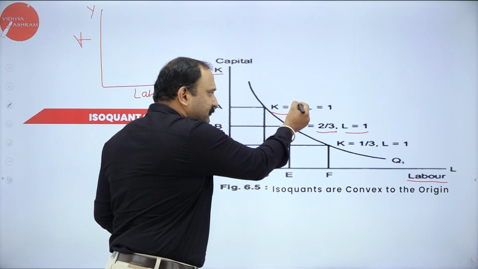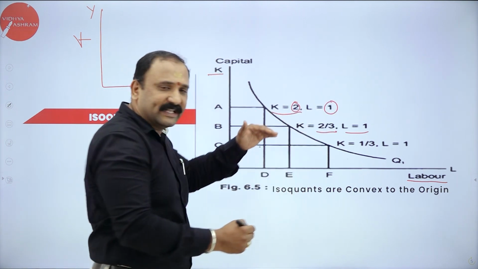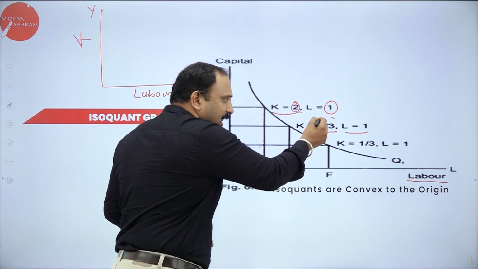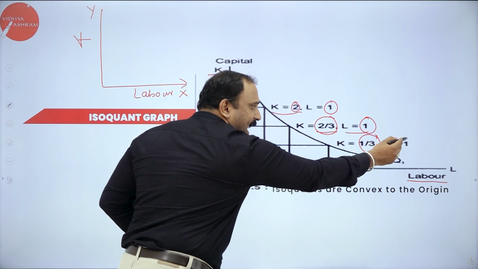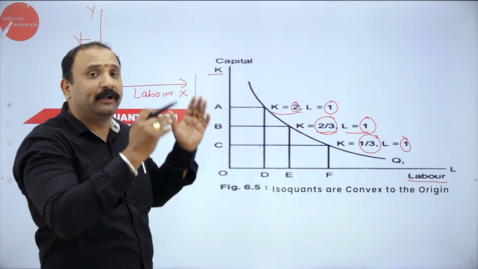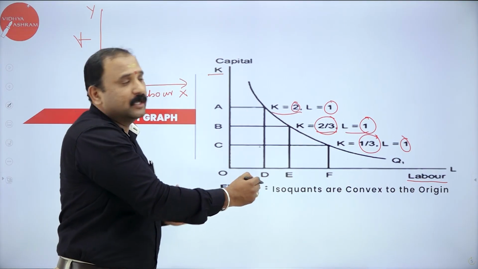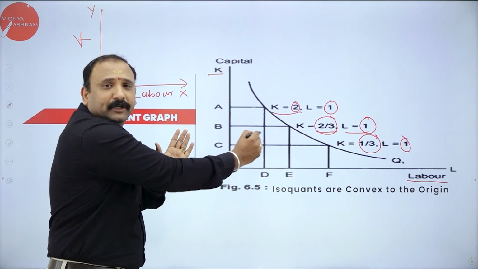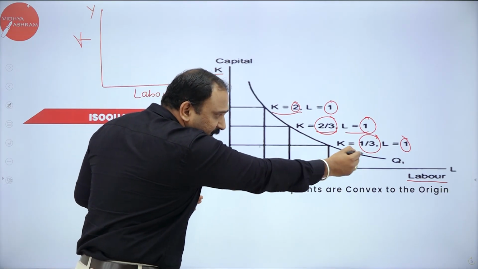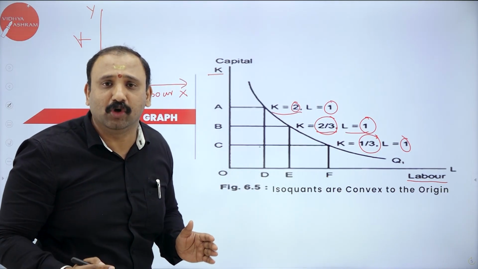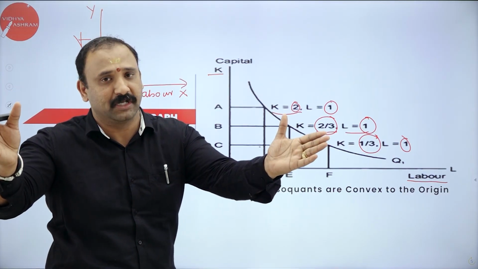Now let's say that we give the value 2 for capital, 1 for labor. In the next one, you are again changing the values, 2 by 3, 1. The next phase, it is 1 by 3 and 1. Now for each and every level, you will be getting one output. You will mark the corresponding output on the graph and draw a curve that will represent your total output, that is your total quantity produced.